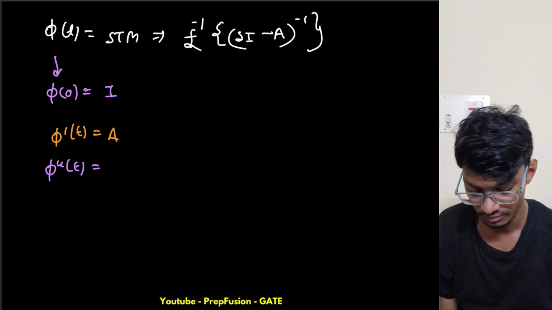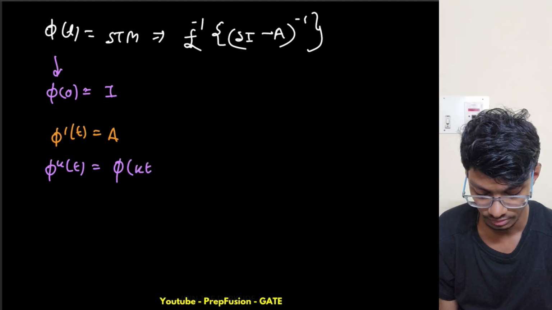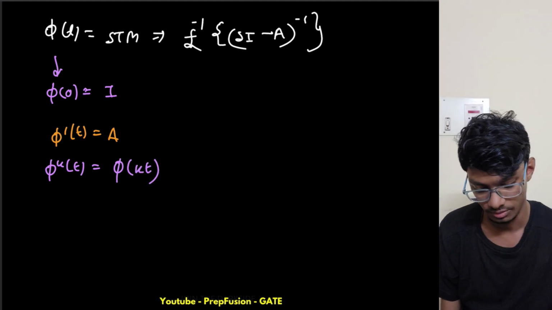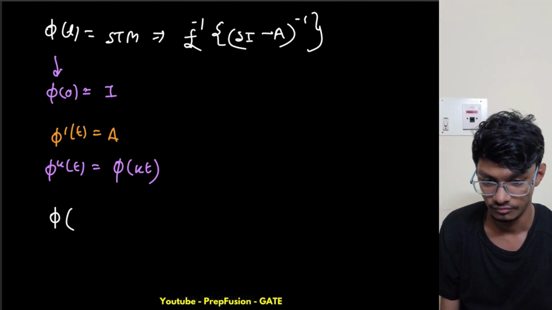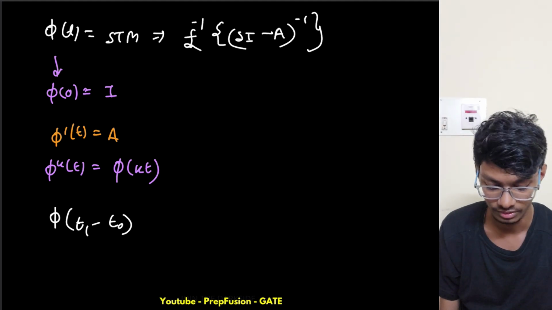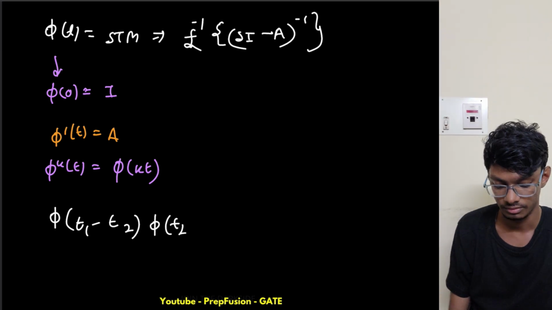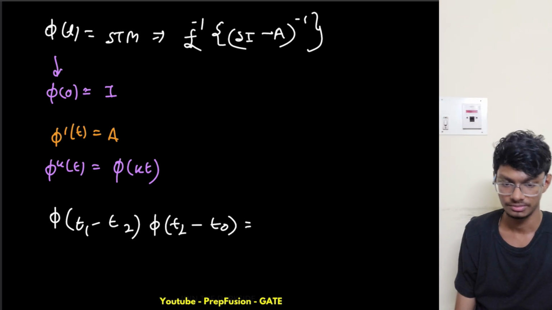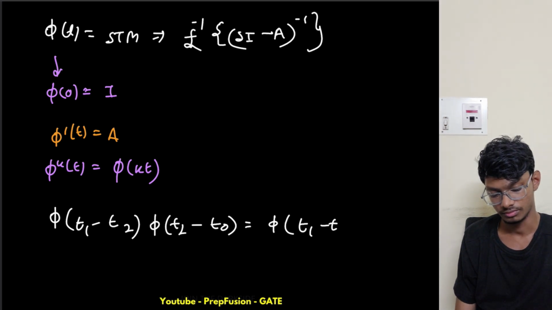Now what is phi k of t? Phi k of t is basically phi of kt, right? Another relation is phi of t1 minus t2 times phi of t2 minus t0 simply equals phi of t1 minus t0.